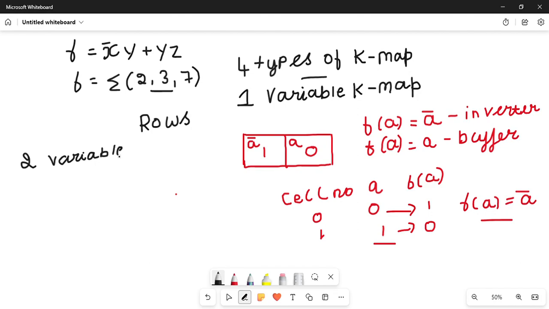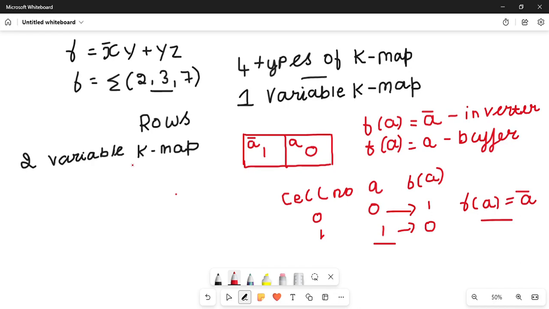If I consider a two variable K-map, how many rows are present? You have two rows and how many cells? Four cells. So you have two rows and four cells.